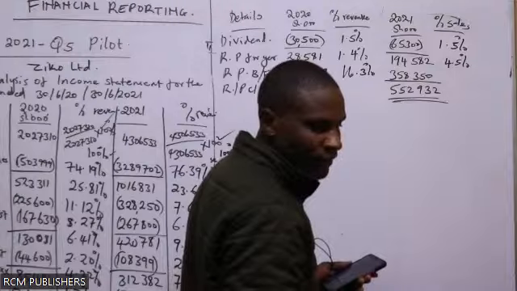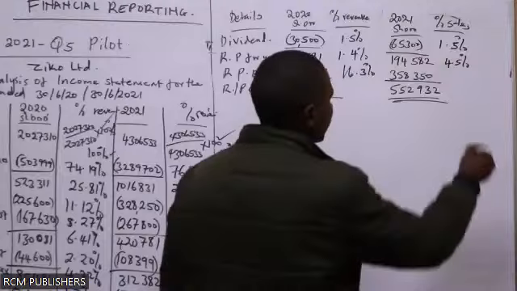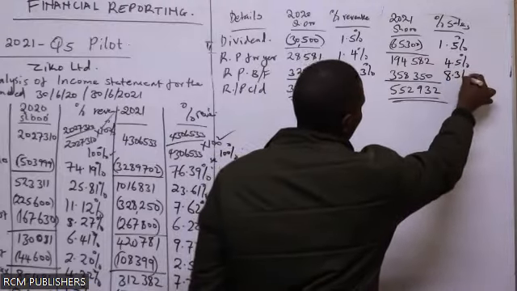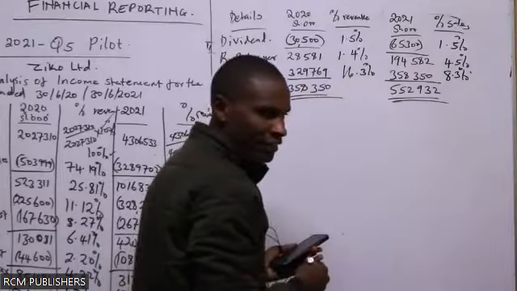And then the last one. The last one sasa tumalizie ili tuone profit yenye ilikuwa sawa. You people have tried, 8.3%. Sasa nikiangalia what about the percentage ya hapa?